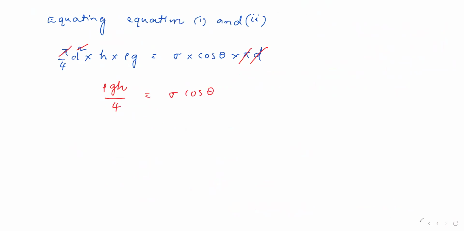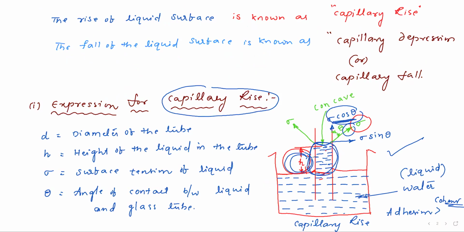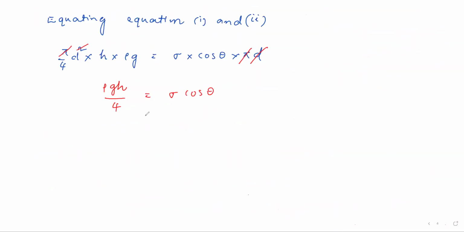And what we need to determine, as I clearly mentioned, is h, that is the height of the liquid in the tube, right? So here h is equal to, the denominator will multiply towards the right hand side, so 4 sigma cos theta divided by rho into g. And sorry, I forgot, here the square and diameter got cancelled, one more d is left, so let me choose diameter d here, then rho g d.